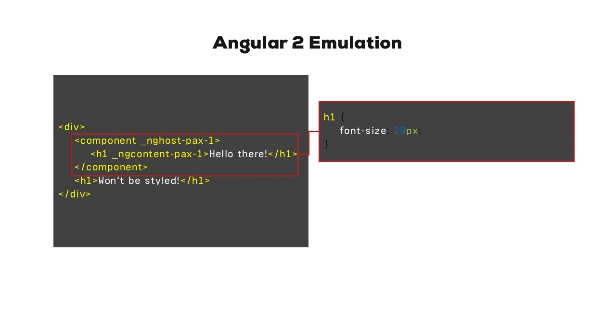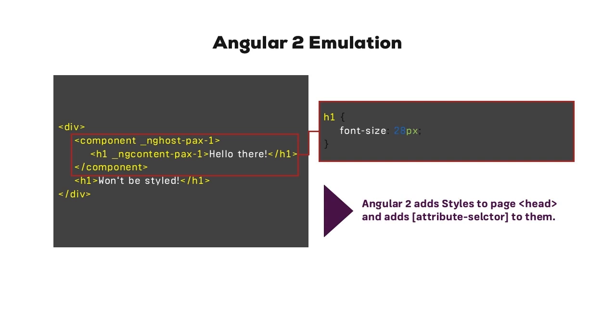And this cryptic attribute, as well as the cryptic attribute on the h1 tag, allows Angular 2 to identify that only elements with that attribute should get the styling defined in this component. And of course, that attribute will vary from component to component. And with that, Angular 2 makes sure that your styling is really only applied to the elements you wanted to apply.